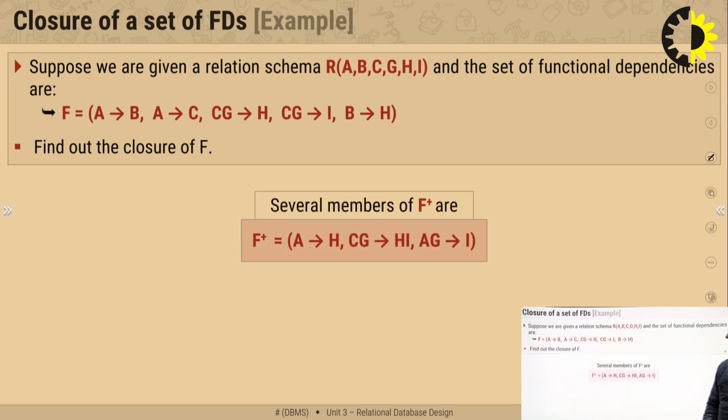What will be the set F plus, that is the closure of the set of FDs? A determines H by applying the transitive rule. Now CG determines HI, this we are getting, and AG determines I. We have already computed all these as I was discussing. So this is the F plus.